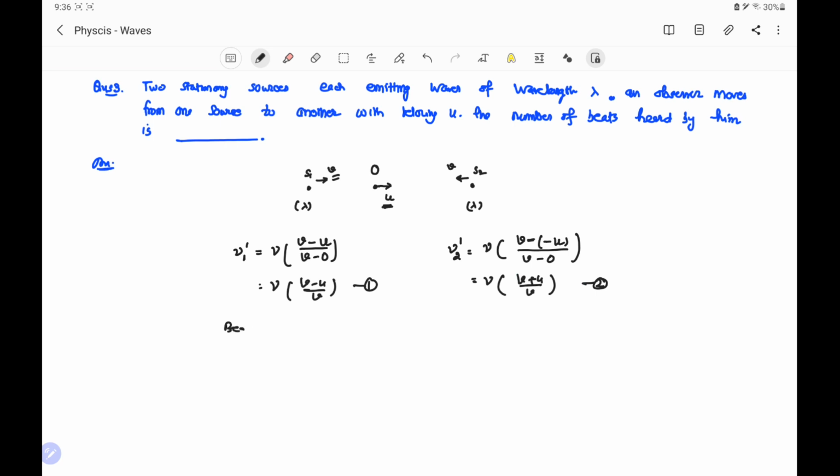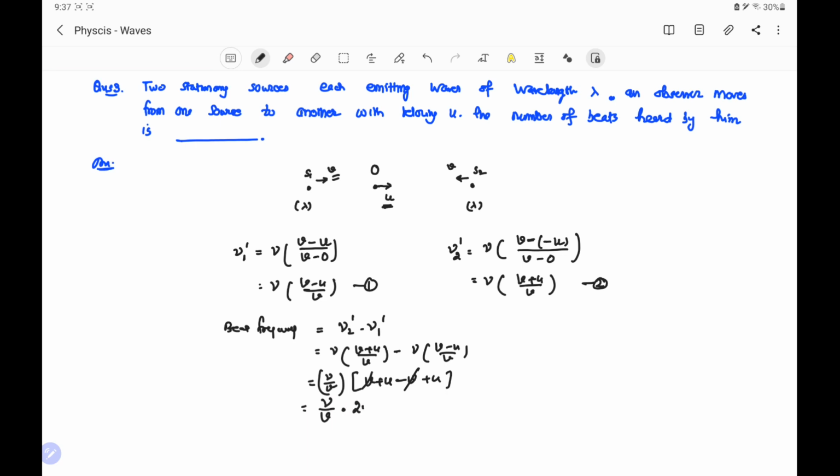Therefore the beat frequency will be equal to nu 2 dash minus nu 1 dash. It will be equal to nu times (v plus u) by v minus nu into (v minus u) by v. It can be written as nu by v, and remaining is (v plus u) minus (v minus u). The v and v get cancelled, so we will have nu by v into 2u.